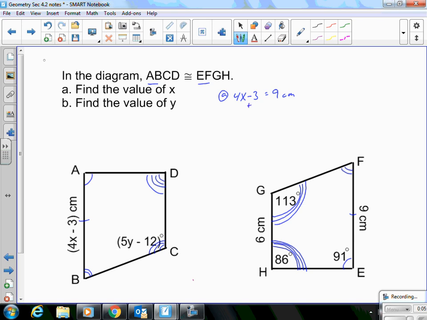And we can solve: add 3 to both sides. 4x equals 12 centimeters, and divide by 4. The x value is going to be 3.